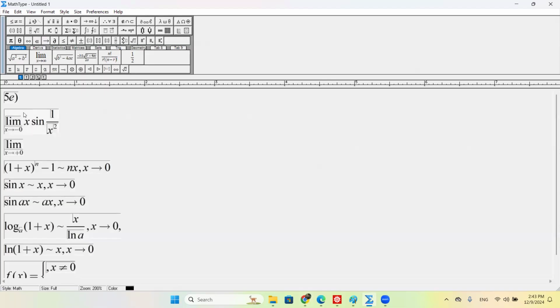Basically we know that x at 0 equals 0, this part, and what about this part? The limit of sine of 1 by x to the power of 2. What can we say?